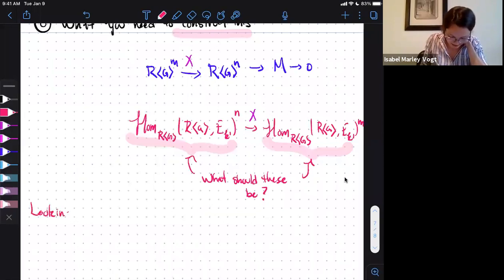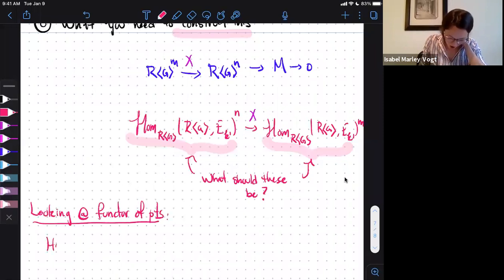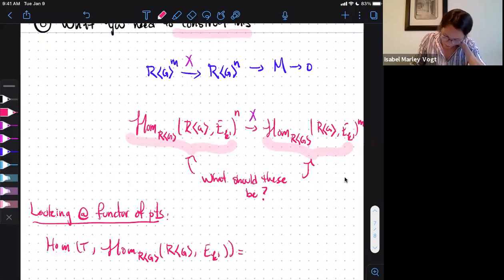So looking at the functor of points, Hom from T into this Hom R angle bracket G, R angle bracket G, EK prime. This is just what the T point should be. Well, I said this should be Hom of R angle bracket G modules of my module, which is just R angle bracket G itself, into Hom. Now I base change to K prime, EK prime.